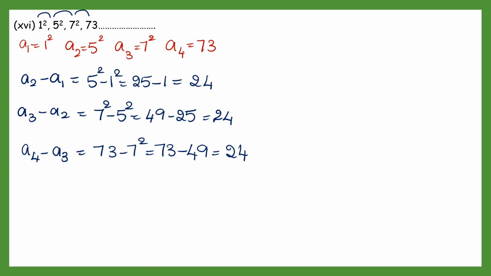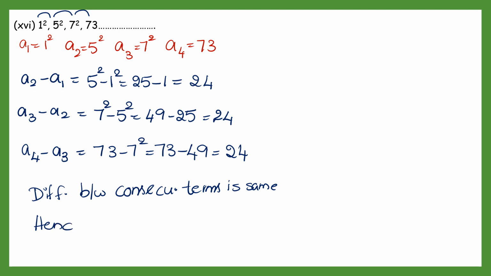So the difference is the same everywhere. Difference between consecutive terms is the same. Hence, the list is in arithmetic progression.